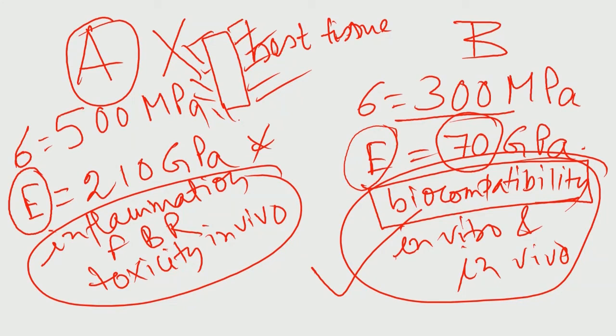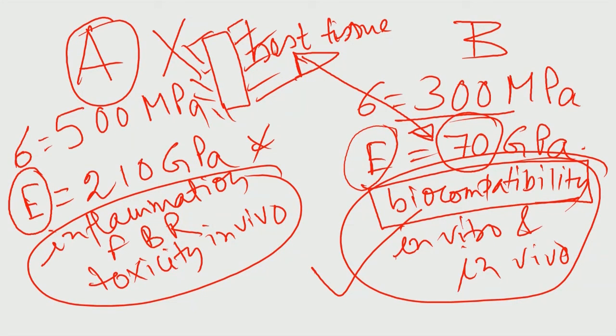If there is a large difference between the host tissue and your synthetic material, then what would happen? If the implant material has a large elastic modulus, then the implant will carry most of the load, whereas the host tissue will carry much less load under a given biomechanical stress situation. That is not desirable, because it will lead to implant loosening or aseptic loosening.